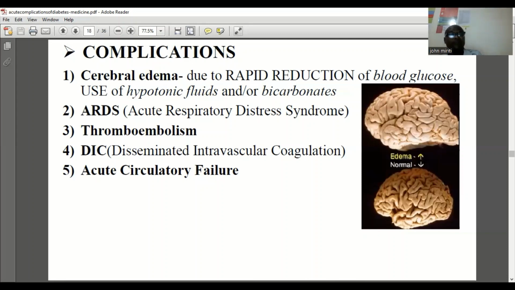So it can also stimulate disseminated intravascular coagulation, and also cause acute circulatory failure.